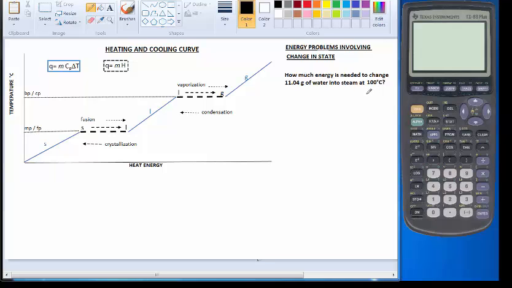Before we can begin this problem, we first need to understand where we are on our heating and cooling curve. The substance that we're looking at today is water, and we know that the boiling point of water is 100 degrees Celsius. So 100 degrees Celsius would be here on our graph.